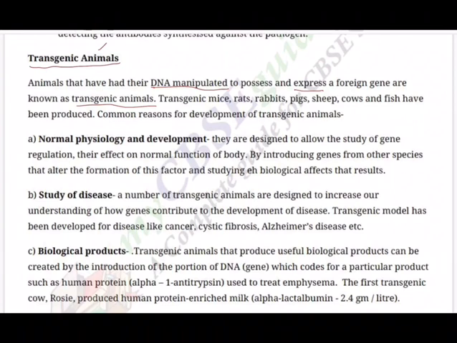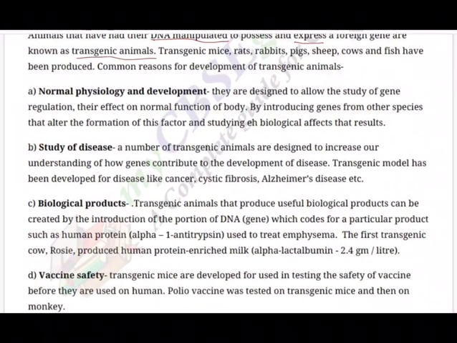Transgenic mice, rats, rabbits, pigs, sheep, cows and fish have been produced, and the common reasons for development of transgenic animals are normal physiology and development. They are designed to allow the study of gene regulation and their effect on normal functioning of the body, by introducing genes from other species that alter the formation of this factor and studying the biological effects that result.